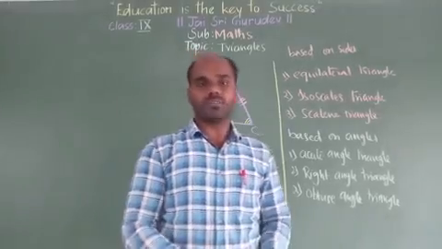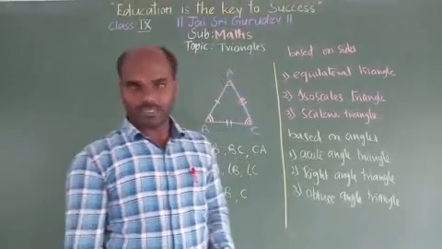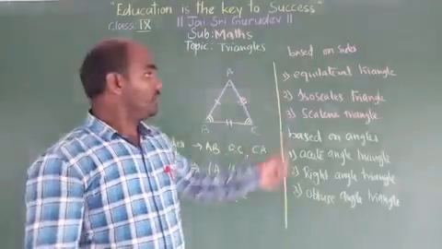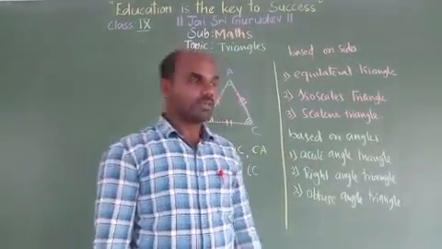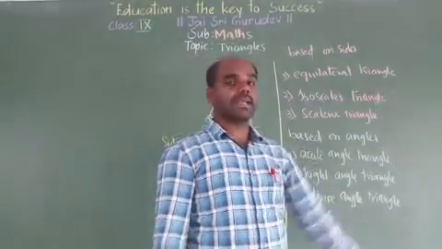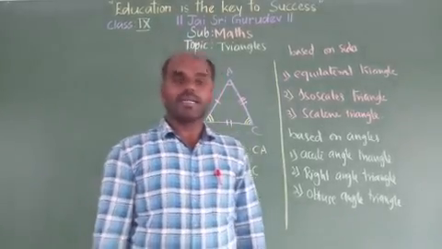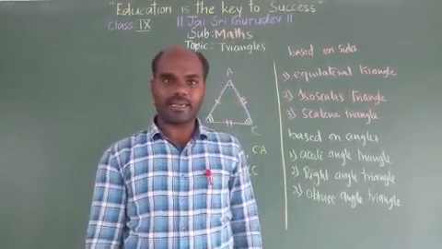Okay, so we already know about that, and now I am discussing the definitions of these types of triangles. First one is the equilateral triangle. What do you mean by an equilateral triangle, children? In a triangle, all three sides are equal.